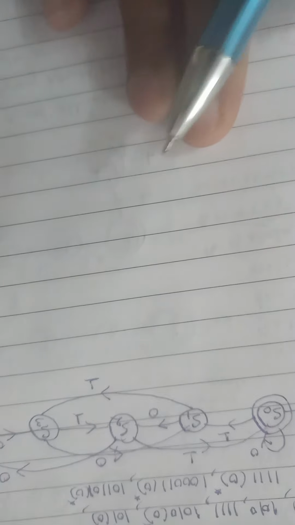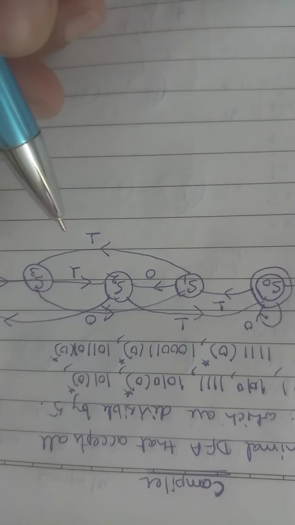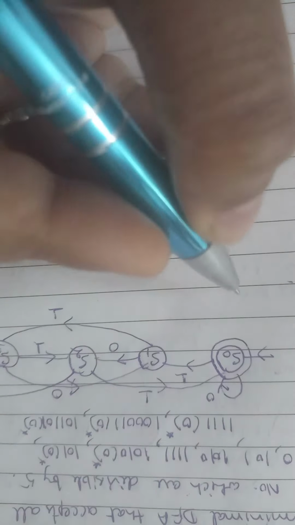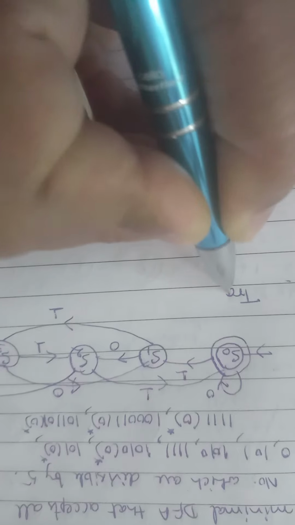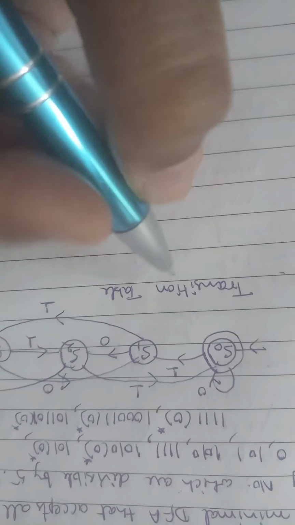So this is the minimal DFA, and we can write this minimal DFA in another way which is easier to understand, that is the transition table. How can we write it?